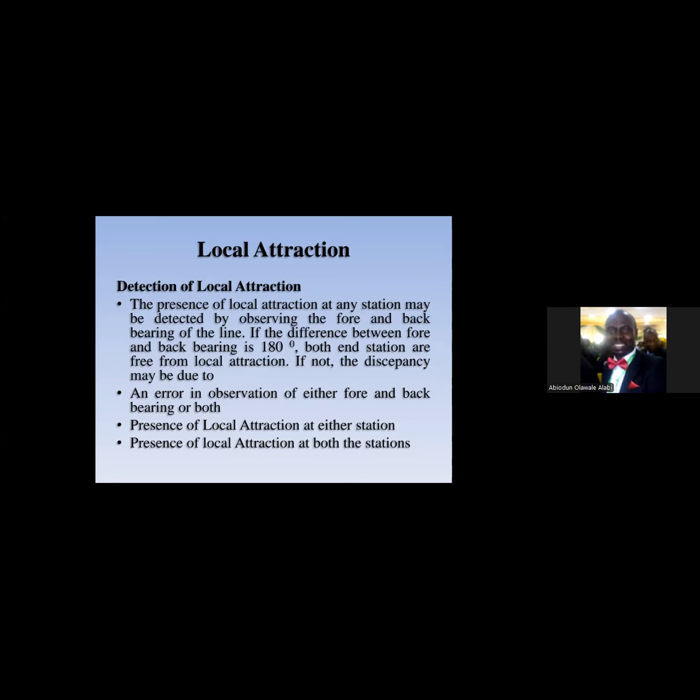You have local attraction when your forward bearing and backward bearing differ. For instance, I observe a bearing A to B using my compass. I can check if there is any local attraction in my observation by confirming if the difference between my forward bearing and backward bearing is 180 degrees.